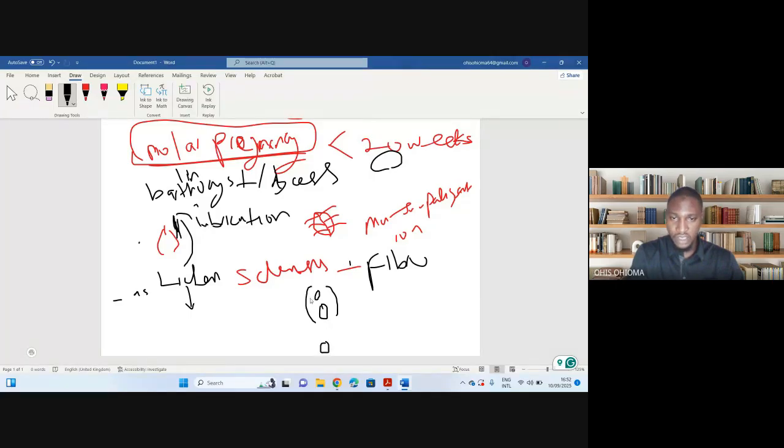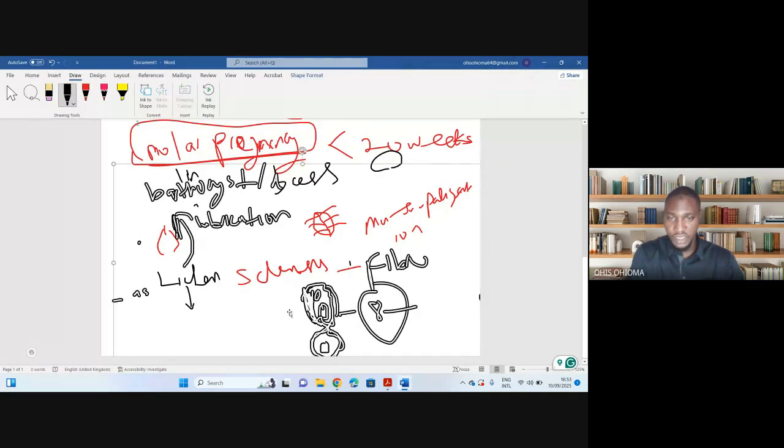And so what you have here is that there'll be thickening of this place, thickening of this place, thickening of this place. All these regions here are thickened. And you can see it's giving this kind of like 8, like this number, because there's extensive thickening of that region there.